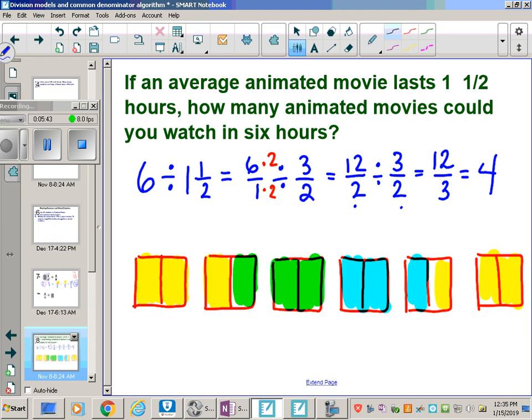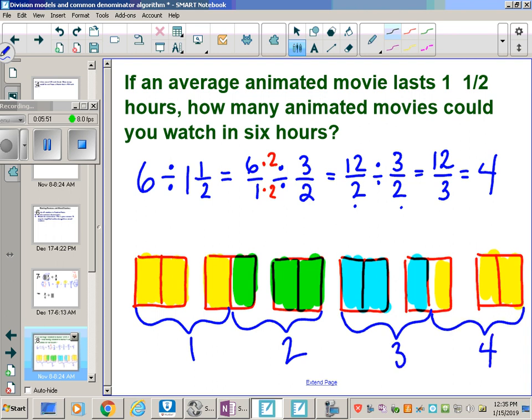So we have 1, 2, 3, 4. So 3 halves goes into 12 halves 4 times, or in other words, 6 divided by 1 1/2 is 4. So that model, again, and the steps that we're talking about tie perfectly together.